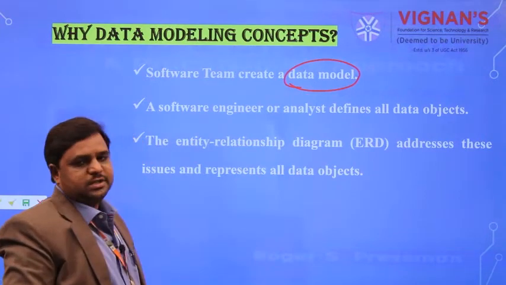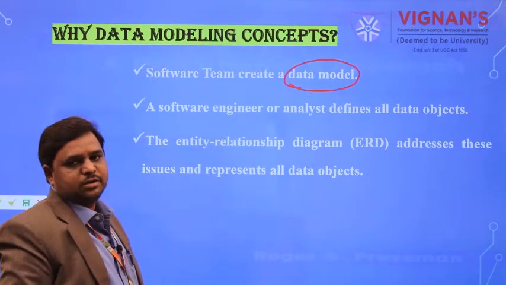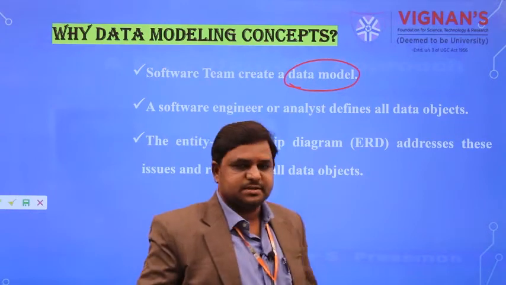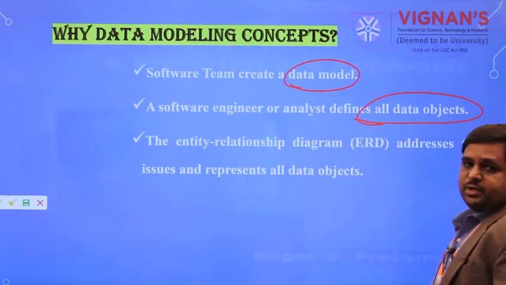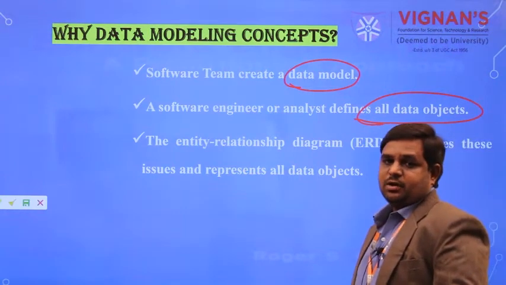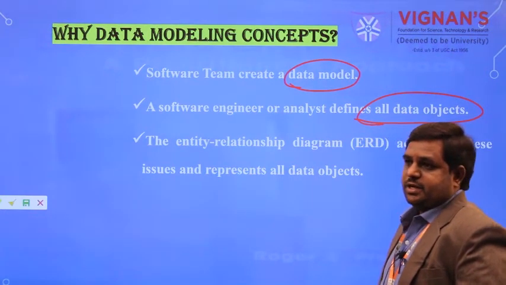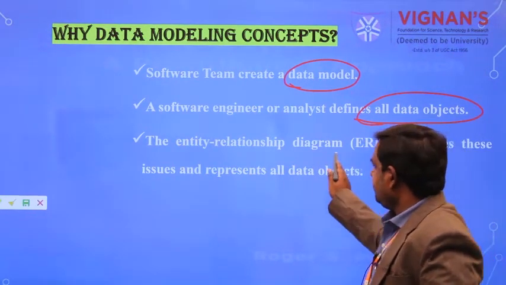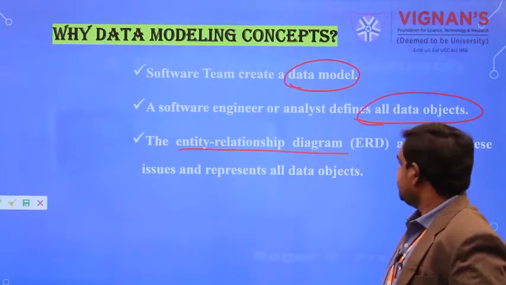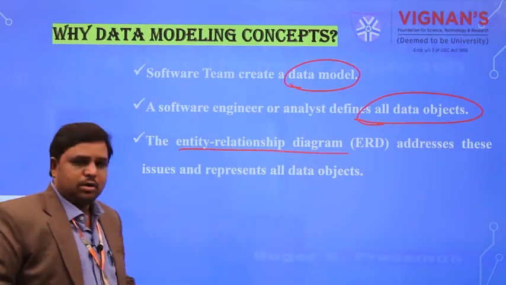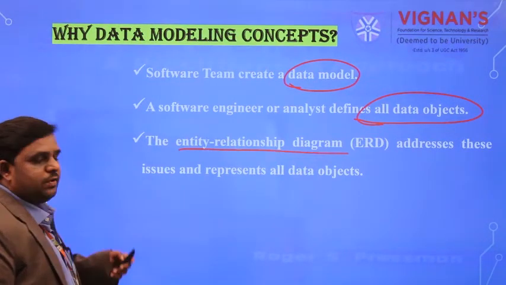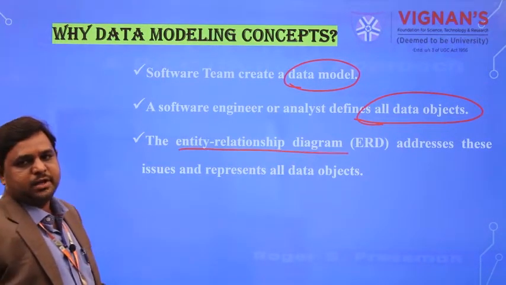Software engineers or analysts create all the data objects within that application, and we use entity relationship diagrams, which address the issues and represent those data objects. That is why we need data modeling.